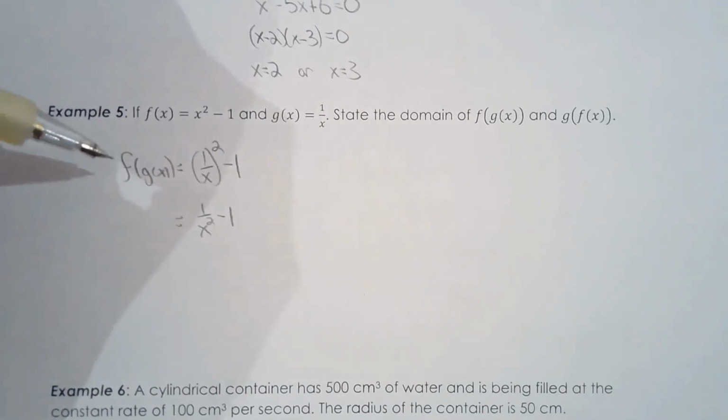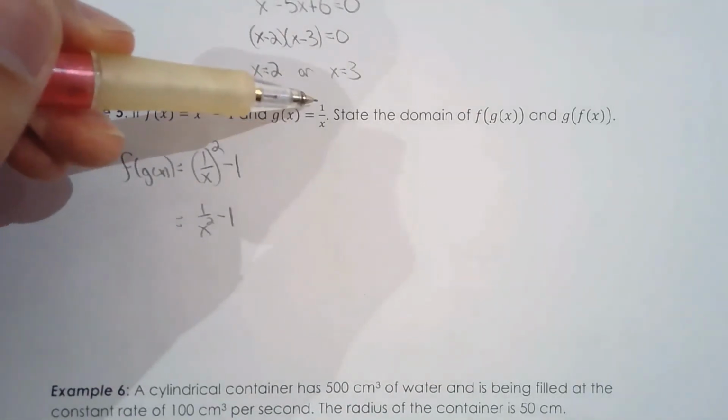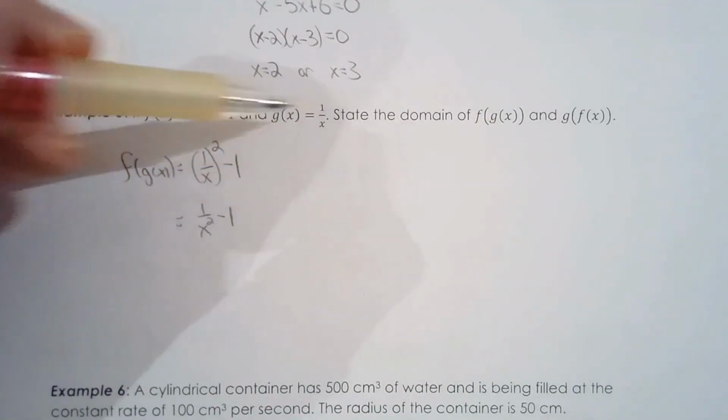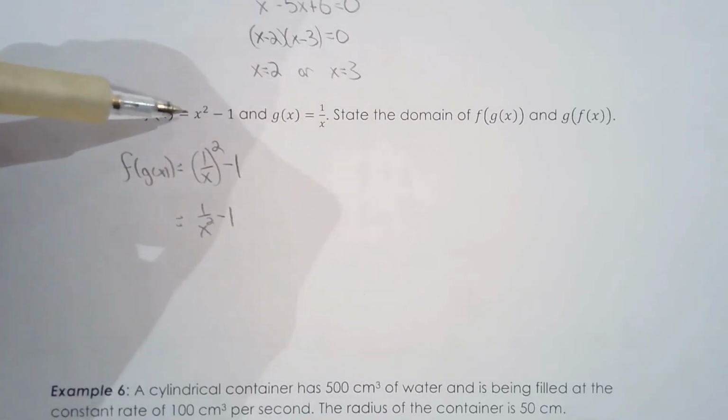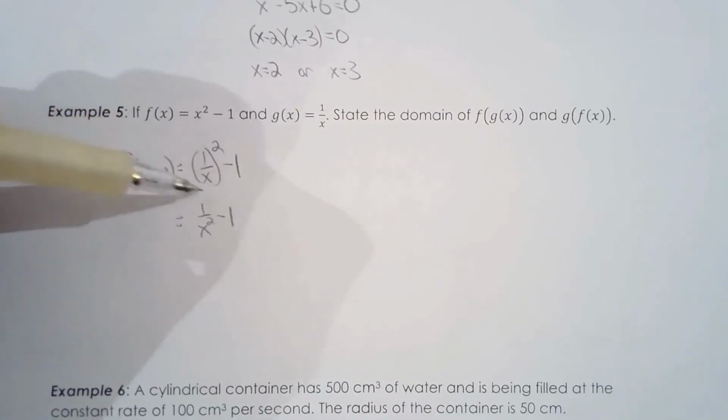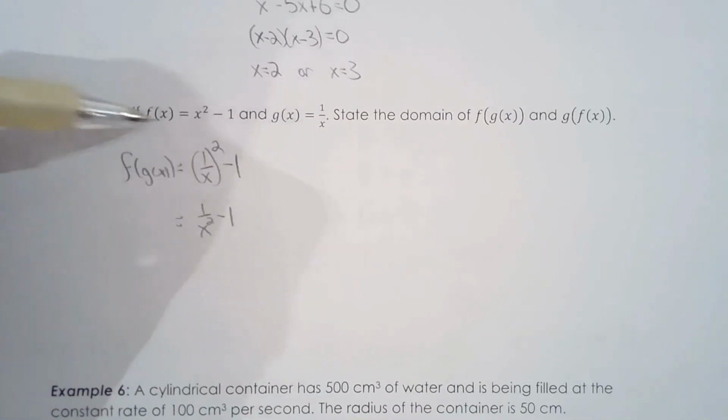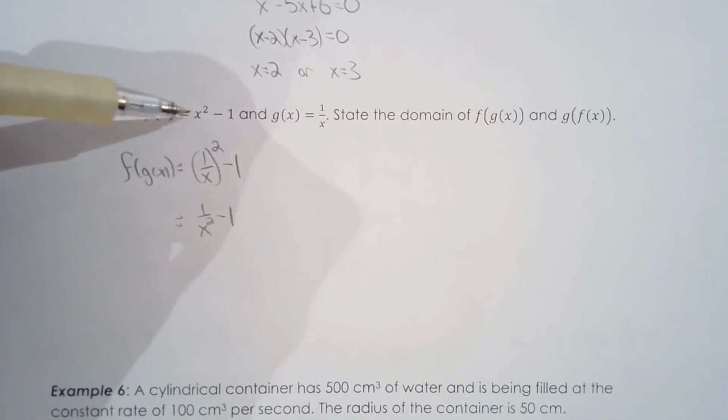Okay, so here's the tricky part. You have to ask yourself, what values of the range of g of x can be a part of the domain of f of x? Okay, because the values that 1 over x spits out, it has to be okay with f of x. It has to be making f of x defined. So luckily, the domain of f of x is all real numbers in this case.